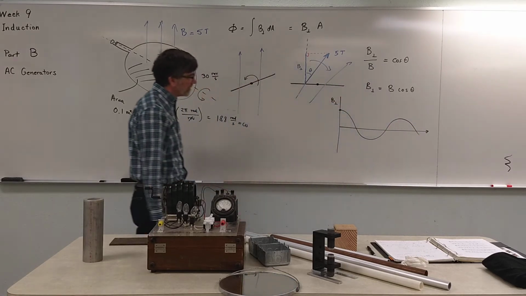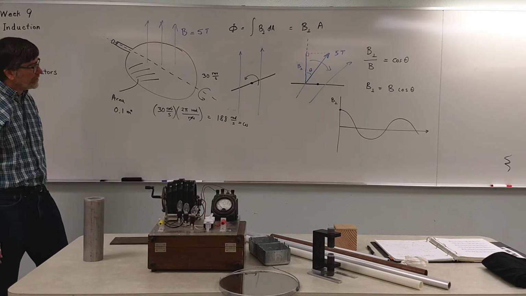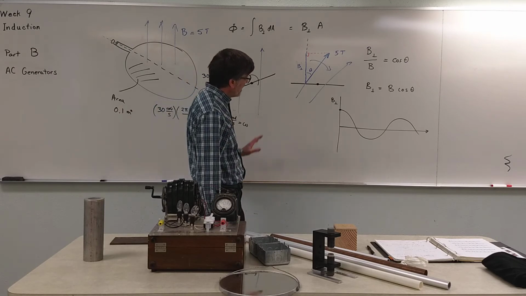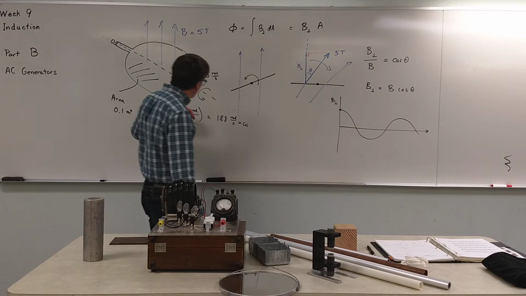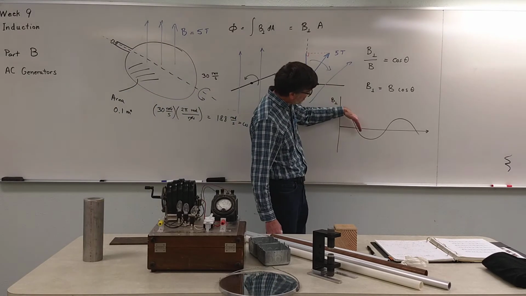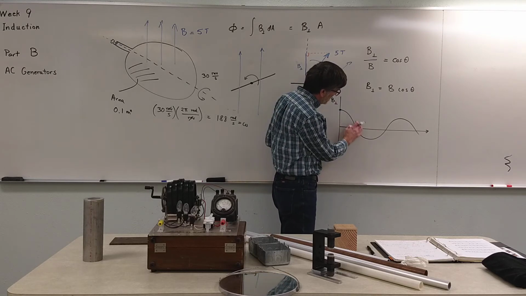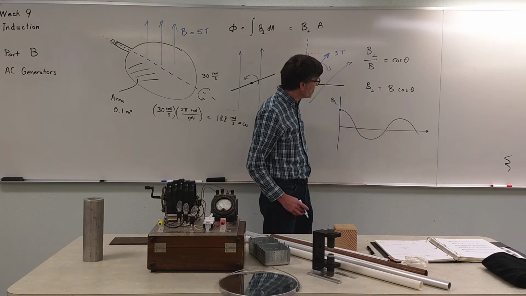It's going to be a nice little cosine curve. So we would expect that to cause an EMF in this loop, according to how quickly this is changing. So here there would be a really strong EMF. Here there'd be a strong EMF the other way, because it's changing the other way.